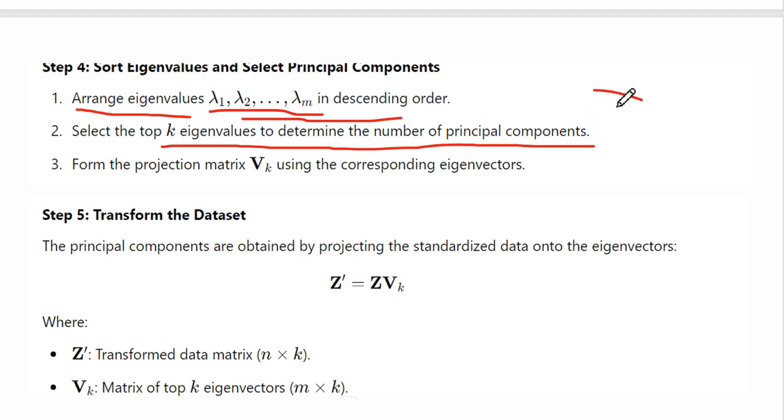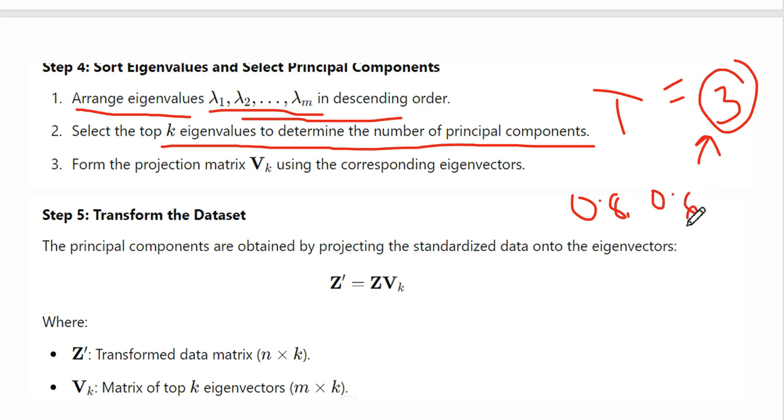For example, let us assume we get 3 eigenvalues. After arranging them in descending order, for example 0.8, then the next one is 0.6, the next one is 0.01.